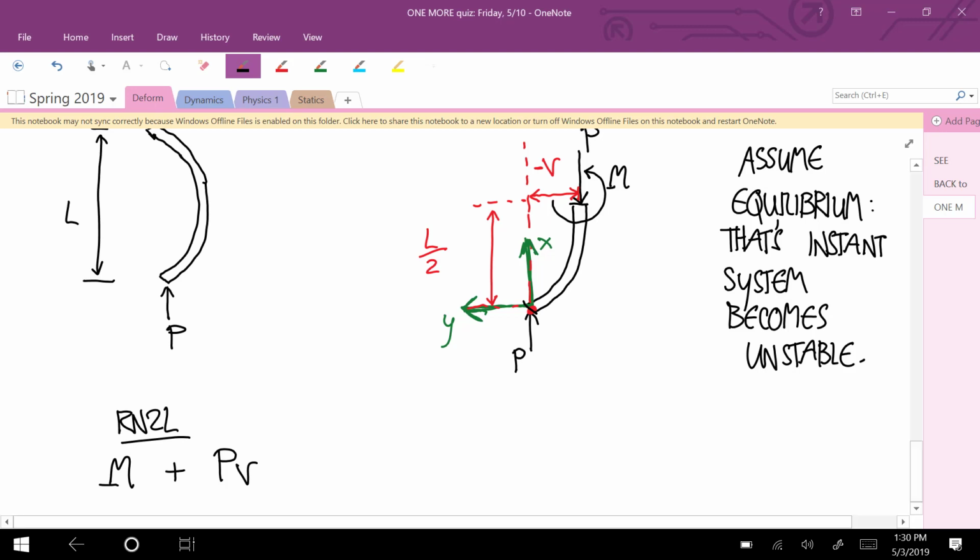So the problem is that I drew my deflection going in the negative y direction. Is it worth scribbling this out and doing it again? Probably, isn't it? All right, scribble that out.